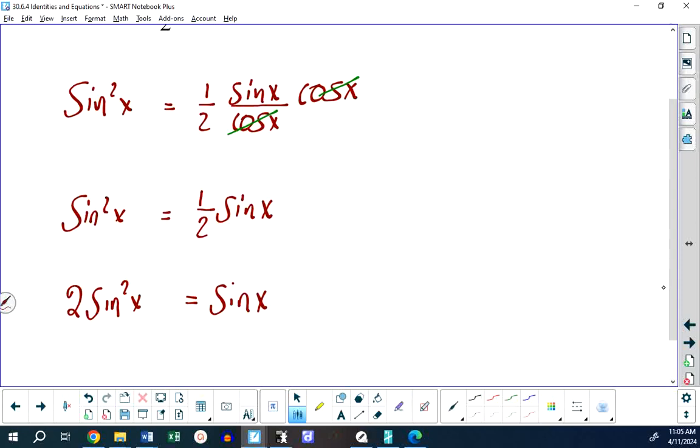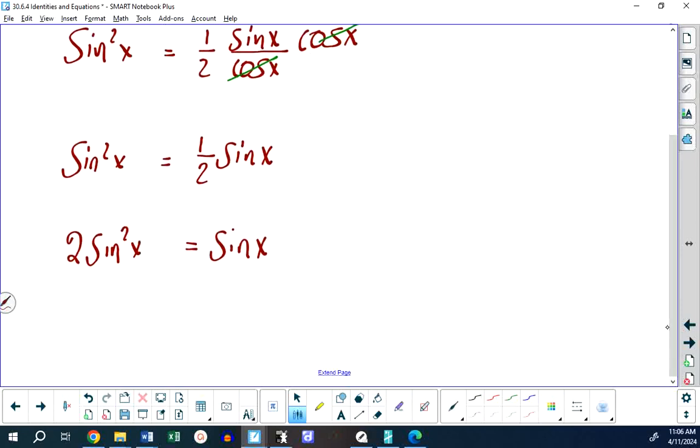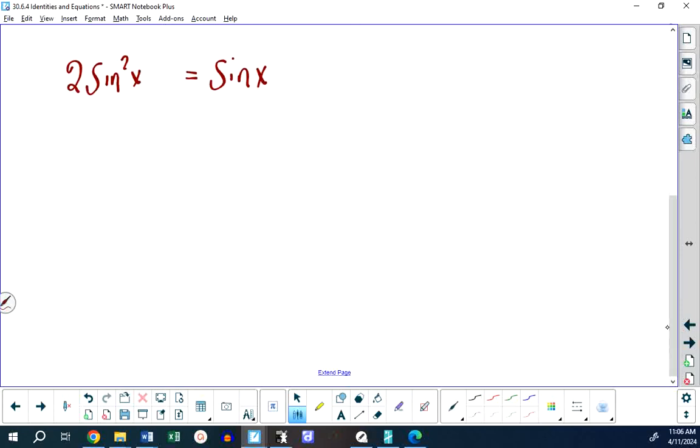This is a quadratic equation, so it must be zeroed. And I'm really stressing that because you can make a fatal mistake here that I'll talk about in a minute. So I'm going to take 2 sine squared x and subtract sine x, and now I set it equal to 0. I can factor a sine x out.